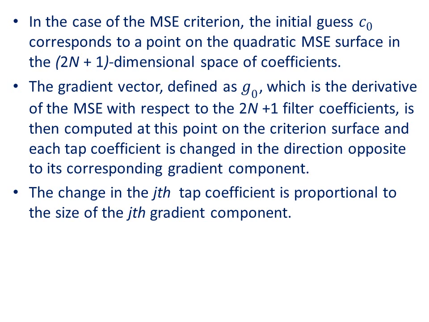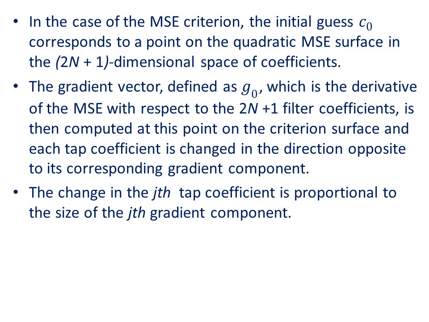For example, in the case of MSE criteria, the initial guess C0 corresponds to a point on the quadratic MSE surface in the 2N plus 1 dimensional space of coefficients.